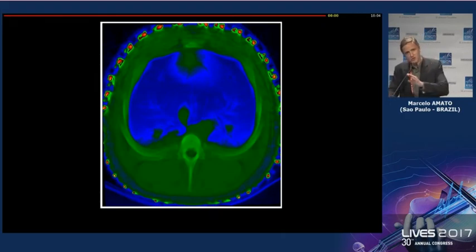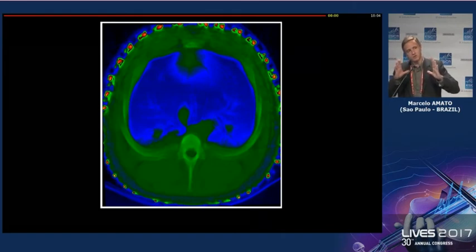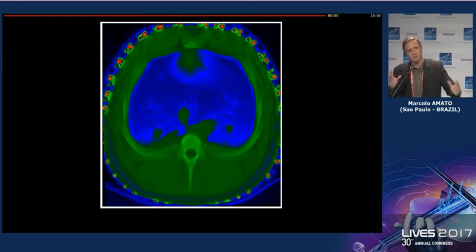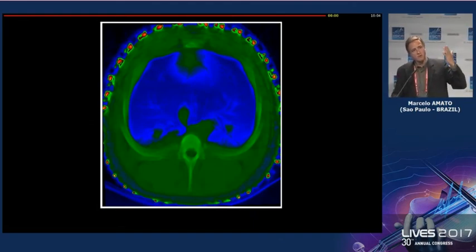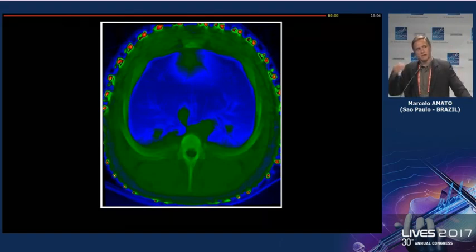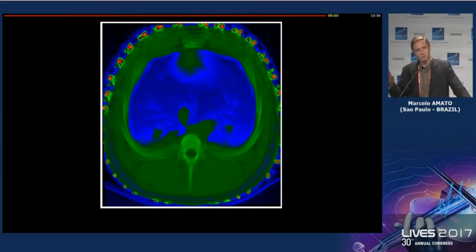I think the major problem is something that Laurent was mentioning, that with EIT, we have a very good distribution, but not very good absolute numbers. But if you have, for instance, an overall number for minute ventilation and an overall number for cardiac output, you can get the final absolute numbers.